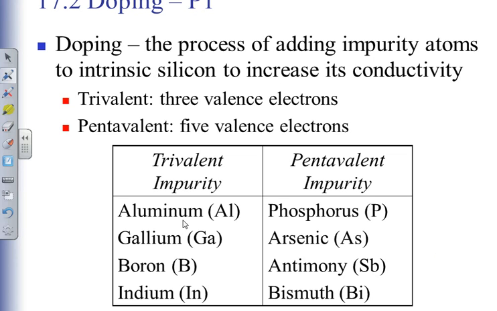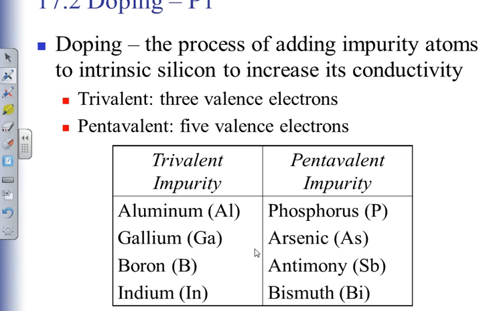So what we're going to do is dope the semiconductor. If I had only silicon atoms in my semiconductor, it's not going to work very much. But if I dope it with aluminum or boron, or gallium, arsenic, bismuth, phosphorus, if I put some impurity in it, then I end up having either 3 electrons that can be free or 5 electrons that can be free, depending on which impurity I put in.